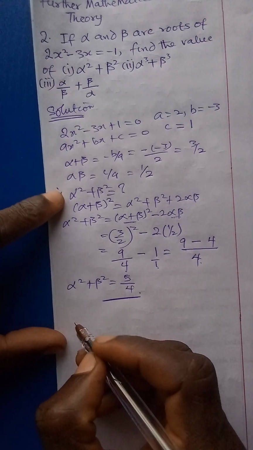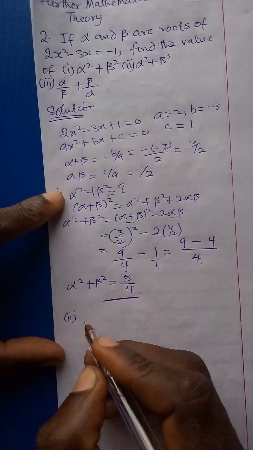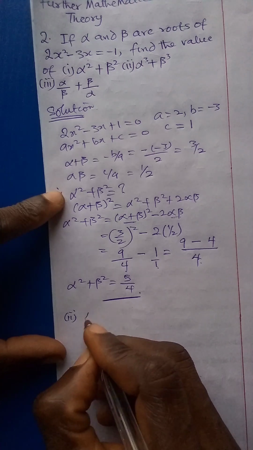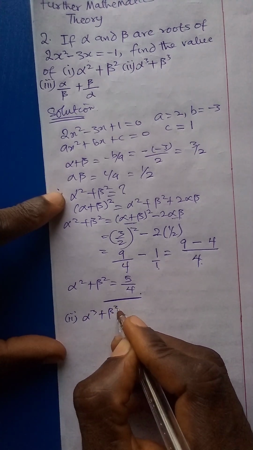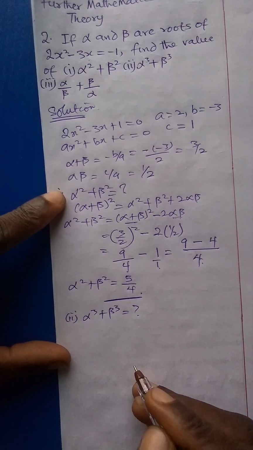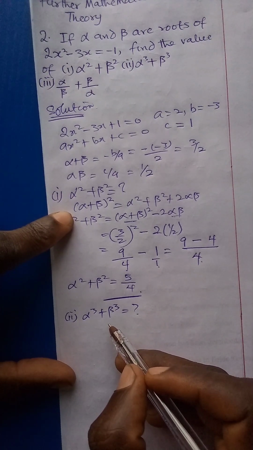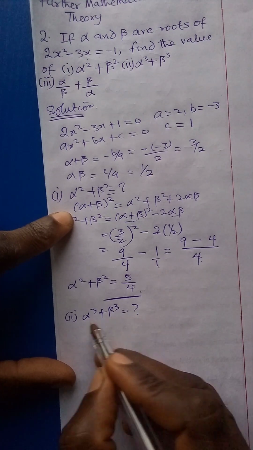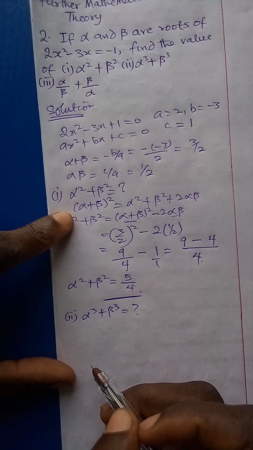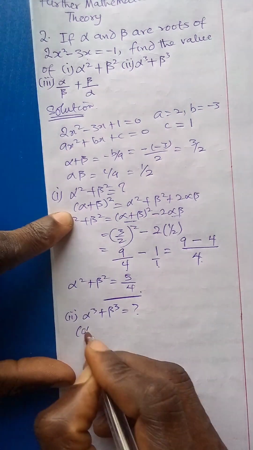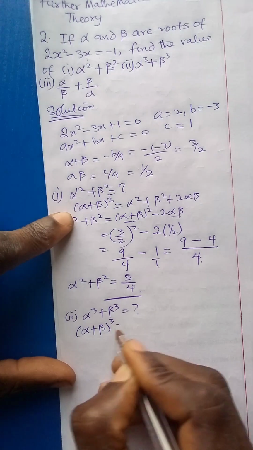Next, we are required to find the value of alpha cube plus beta cube. Again, we do not have an expression for it, and so we are going to derive the expression where these two terms will be contained, and I'm going to do that using alpha plus beta all cube.